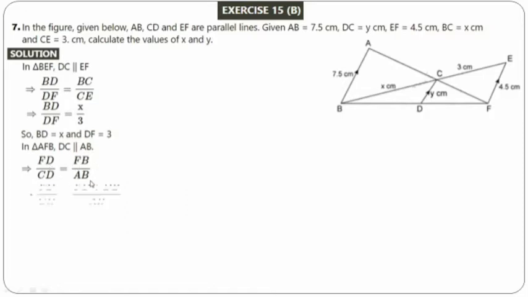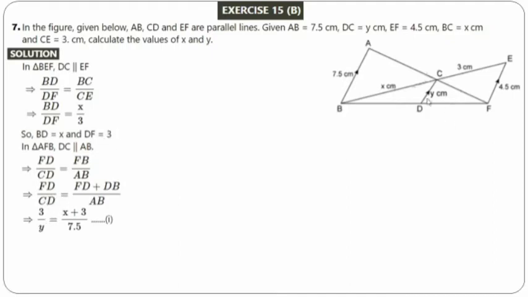Now, can I write FB as FD plus DB? Yes, so in place of FB I have written FD plus DB. Now just put the values. FD is DF, which is 3.